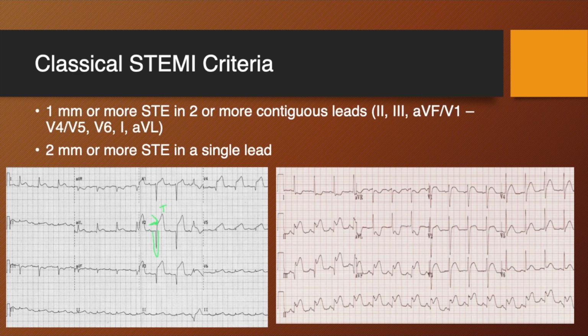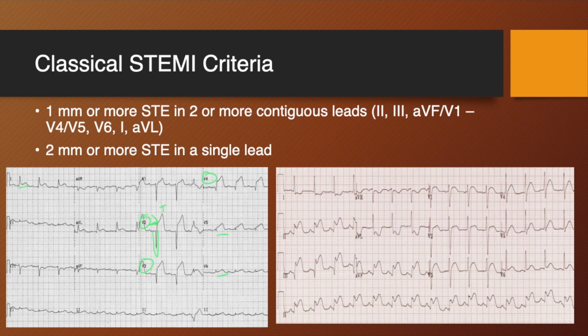This is sometimes called a tombstone, which is a type of morphology that is going to be more common when you get ST elevation in the precordial leads. So you've got this elevation here in V2, V3, V4, and even a little bit extending into V5 and V6 and 1 here.